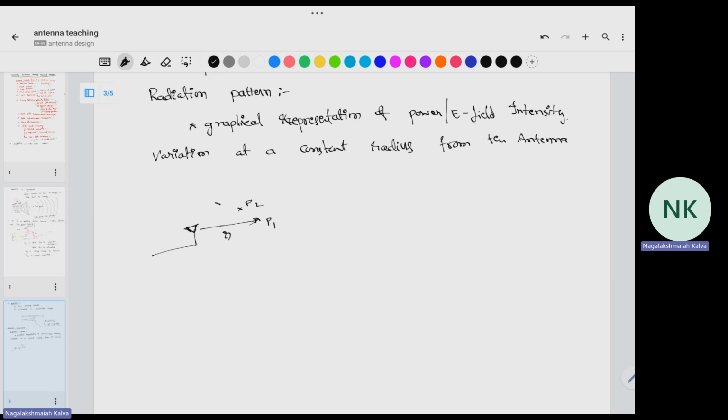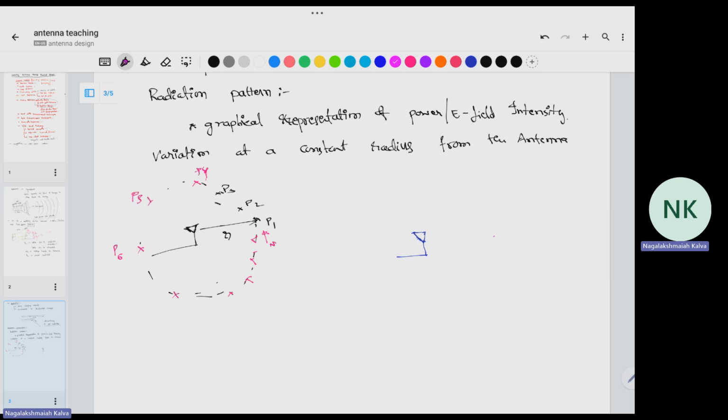Here the intensity might be P3. If I take a radial path around this, you'll have all intensities like P4, P5, P6, and so on up to whatever Pn you have.